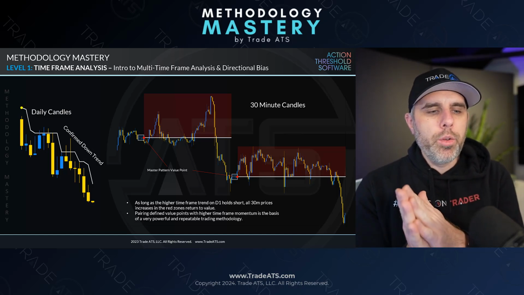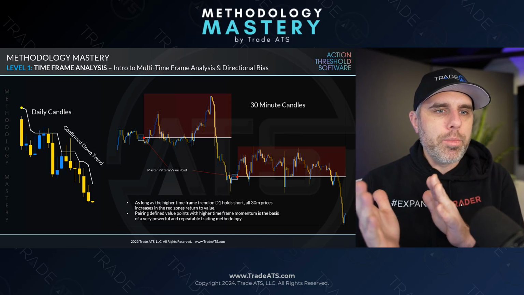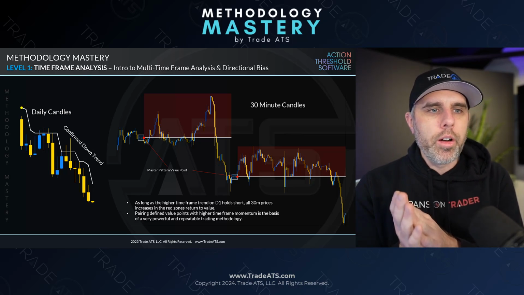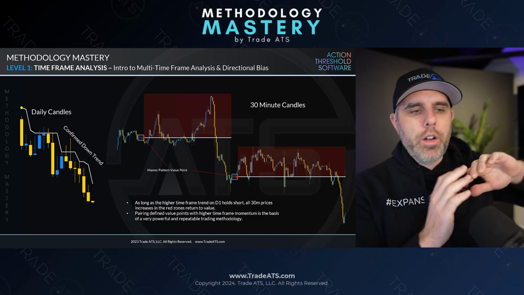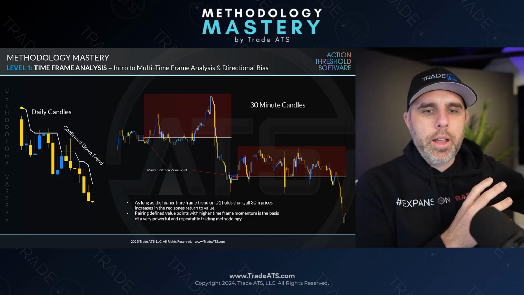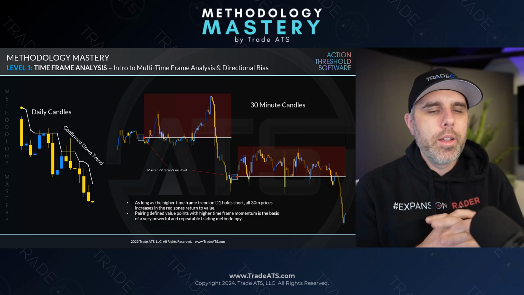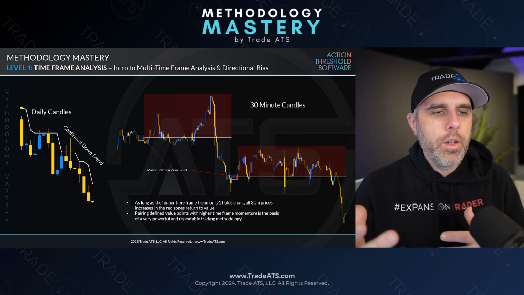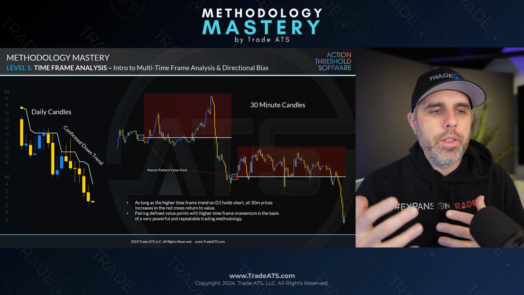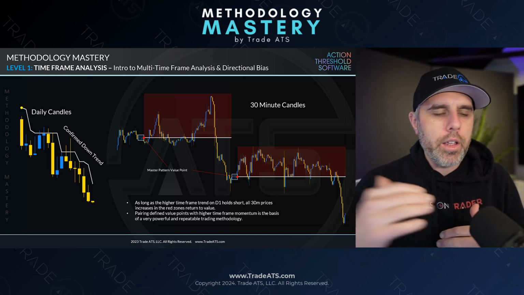When you pair that with the master pattern framework, we have established market value, as shown in our example right here. The traders that are not paying attention to the directional bias, when we look at just the 30-minute time frame, are breakout traders selling below value and buying above value.